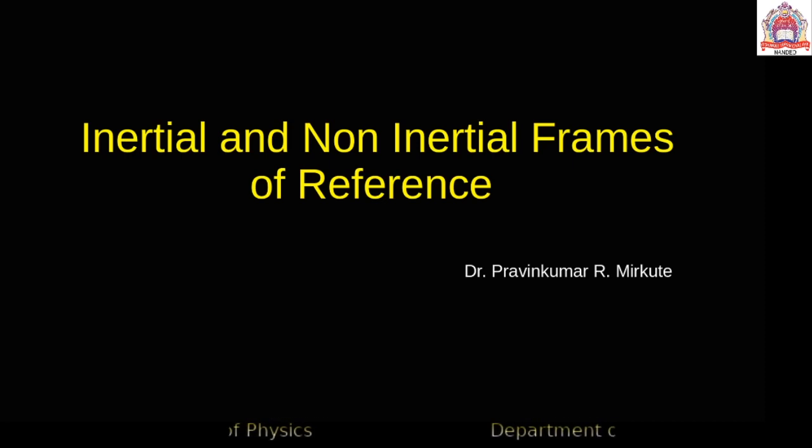The Earth is not really an inertial frame of reference because of its orbital motion about the Sun and rotational motion about its own axis. In fact, anything which is capable of turning is not an inertial frame.